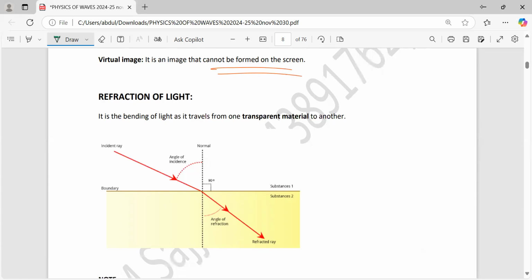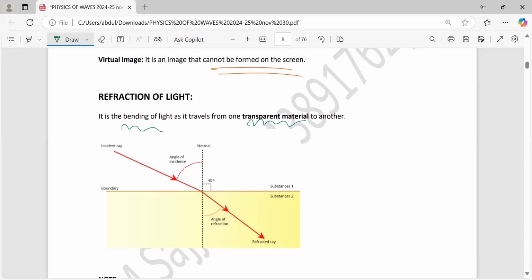But refraction is the bending of light as it travels from one optical medium or transparent material to another. So 2 points are very important: transparent material, one to another, and bending of light.